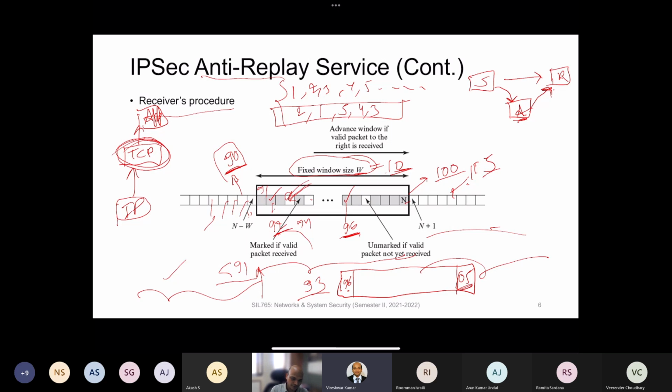That is the job of TCP, to make sure that it gets back the 93 if the real or benign 93 count packet is actually dropped. It is not the job of the IP layer. Right, sir. Thank you, sir. Now it's clear, sir.